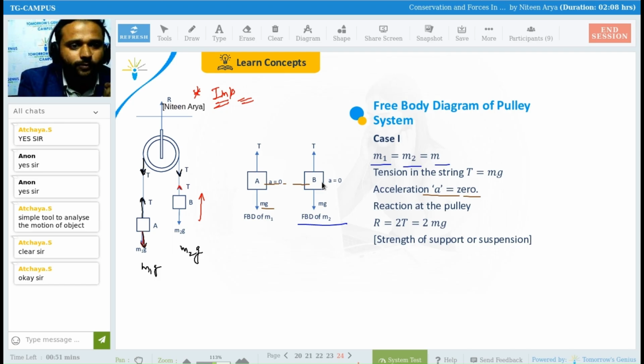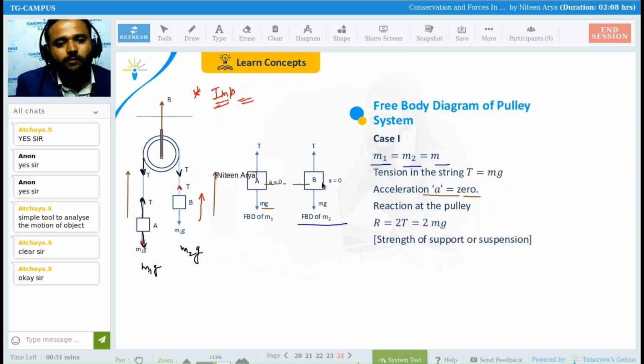We are talking right now about the pulley, not the tension in the wire. So the reaction force in the pulley itself, whatever the vegetable seller or food seller is holding, is double this tension force, because both tension forces act in the upper direction.